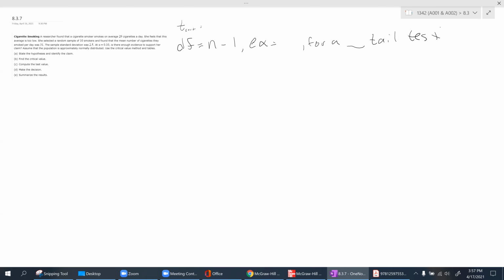Moving forward, the degrees of freedom is going to be your sample size minus 1.